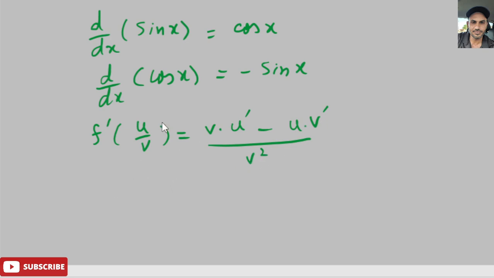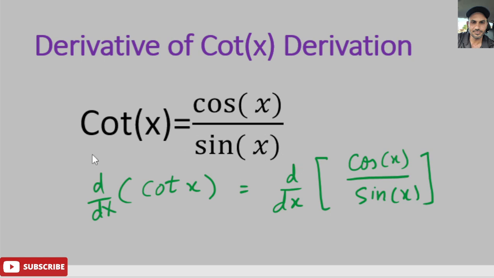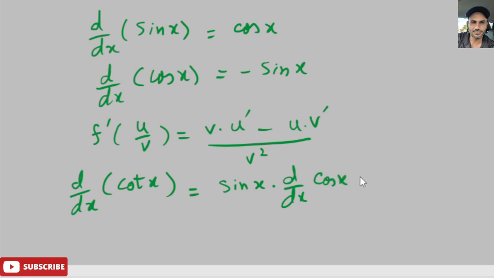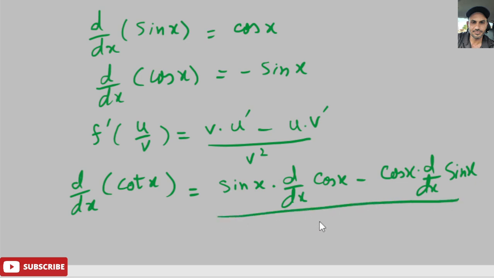So now we can go ahead and plug in this cotangent into this quotient rule. So we get the derivative of cotangent of x equals, the denominator is sine, so it's sine of x, times the derivative of cosine of x minus cosine of x times the derivative of sine of x, and everything divided by sine of x squared.